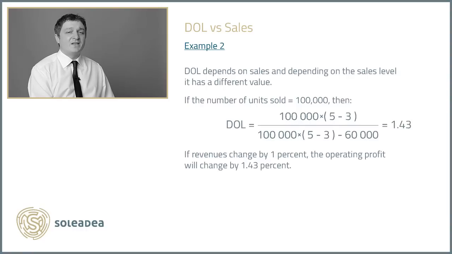So, when sales are equal to 100,000 units, then if revenues change by 1%, the operating profit will change by 1.43%.